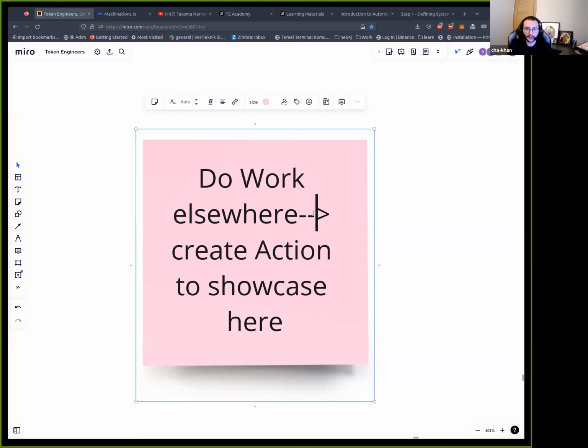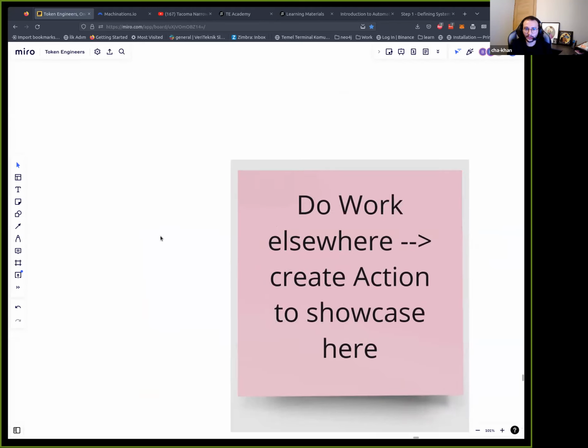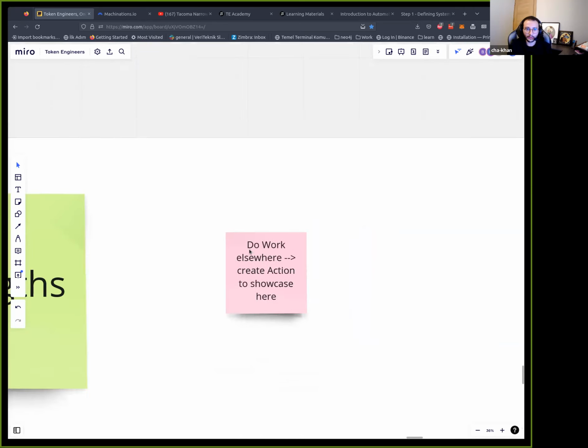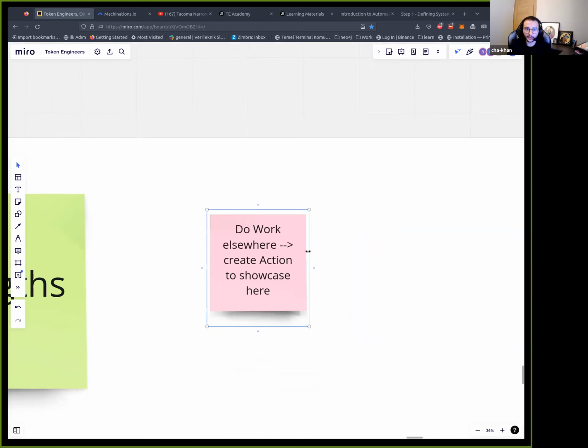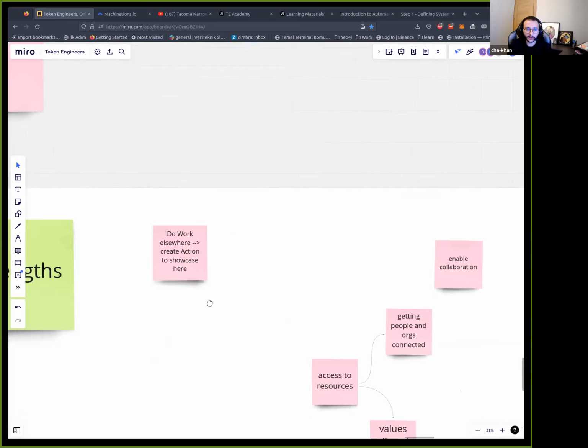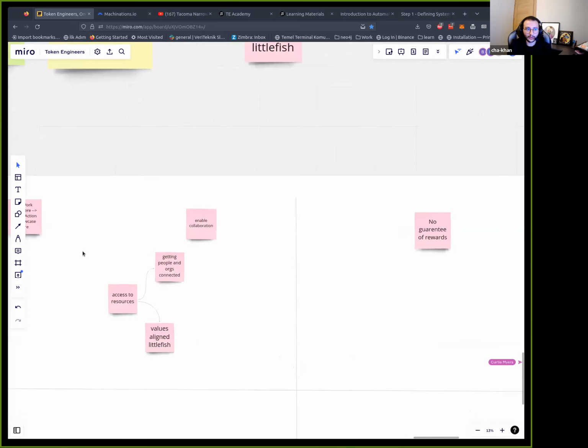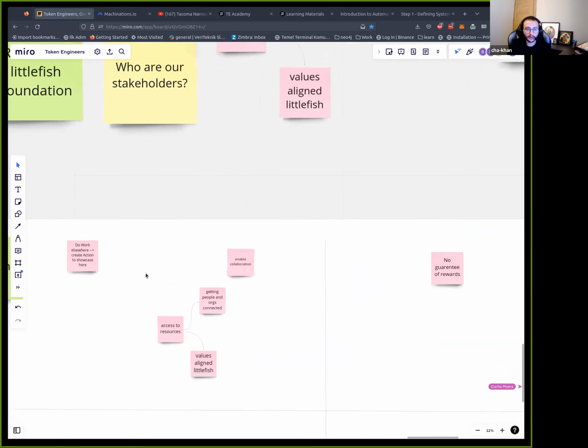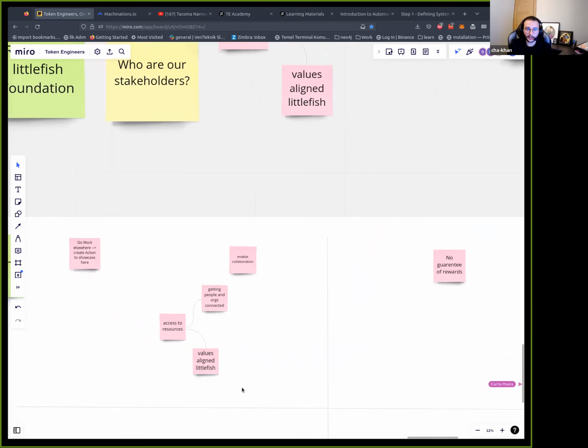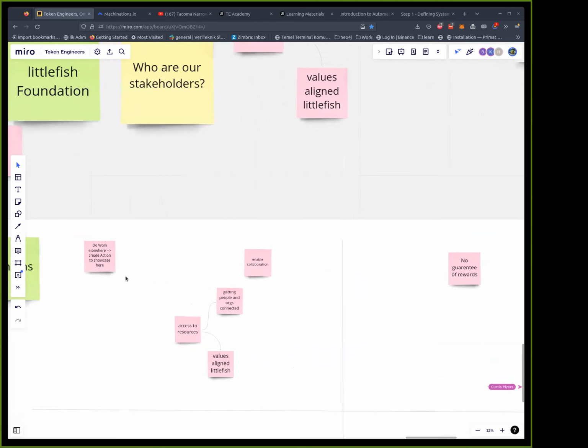You make money there, and then you can create an action on the platform to showcase what you did. And this thing lives with you forever as your portfolio of actions. You can carry that around as reputation that leads you to get more rewards elsewhere and from this platform as well. That's a bit of a deep rabbit hole there.